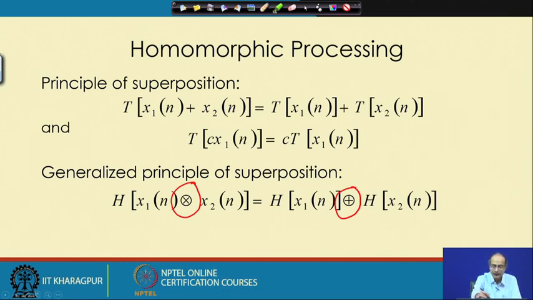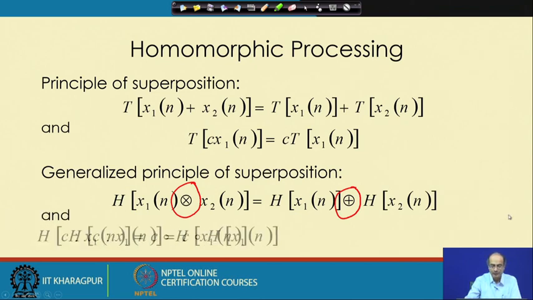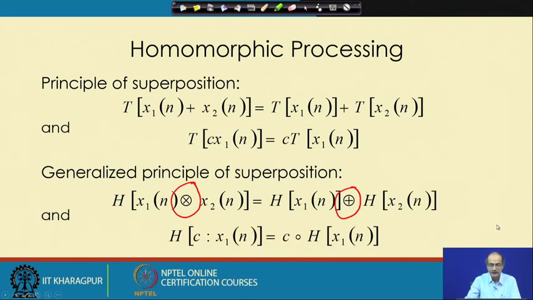Same way for the scalar also, something is defined. In the input space we have a colon, an operator which is defined for one scalar and one vector x 1.